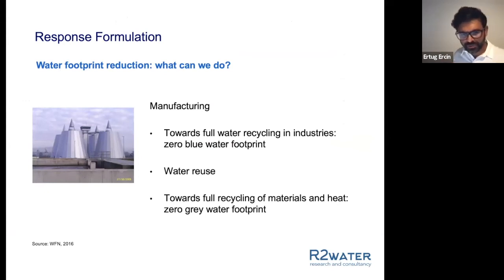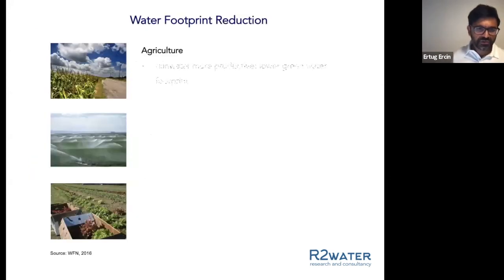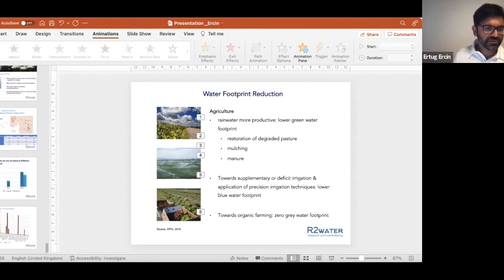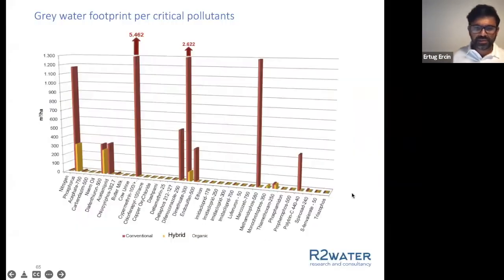So what can we do in manufacturing? How can you reduce your water footprint? First of all, you can do full recycling of water resources or of the material production. What I mean is that if you recycle the materials, you also save water. If you use fewer pollutants, for example chemicals, let me go to this slide because I have lots of examples. These are different chemicals used for the same purpose.